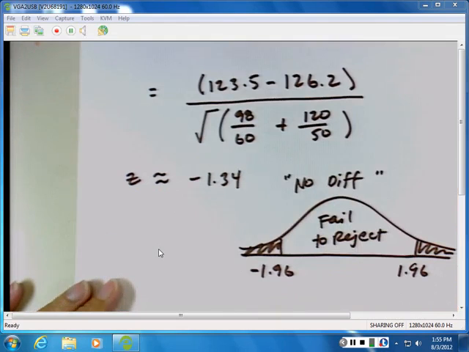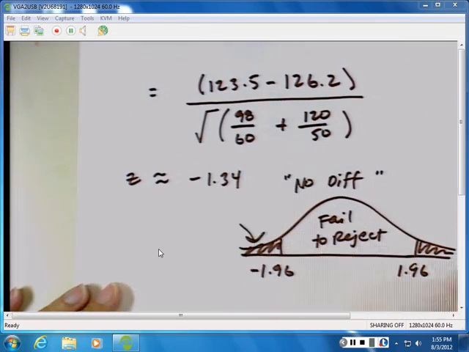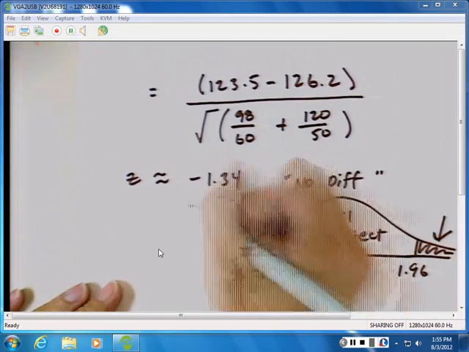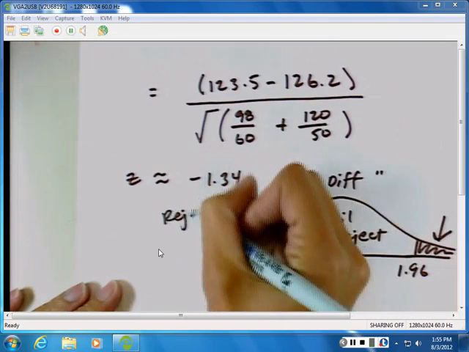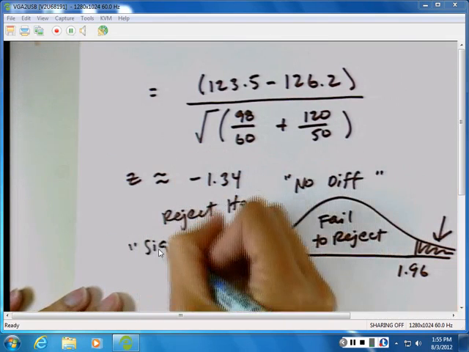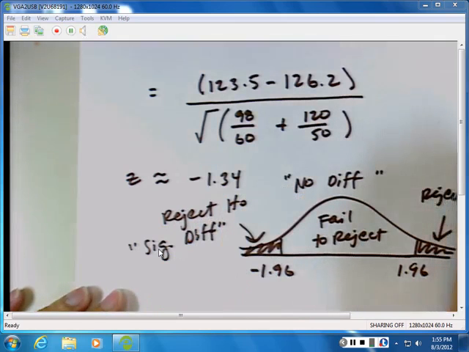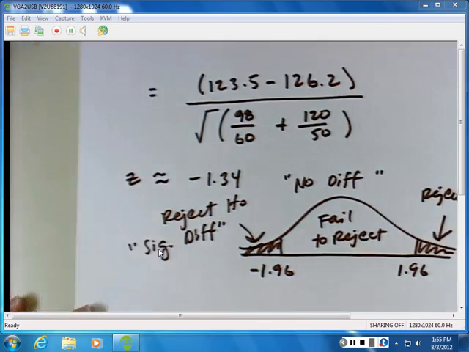If I am to the left of negative 1.96 or to the right of positive 1.96 in one of those tails, that means I am going to reject the null hypothesis. And that means that we have found a significant difference. Same thing over here. I'm just going to write reject. I'm going to reject the null hypothesis.